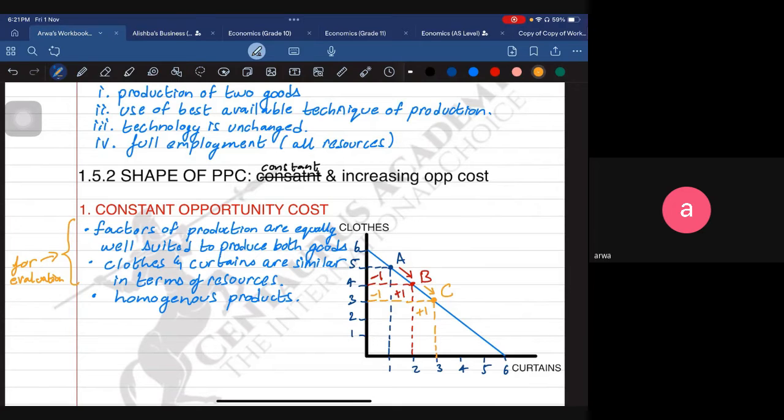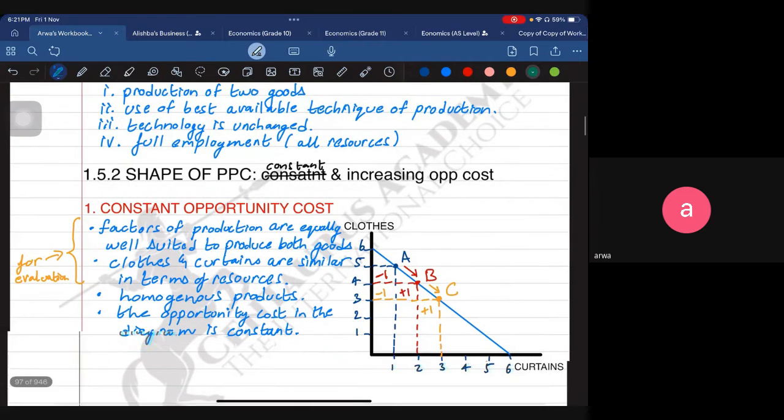So the opportunity cost in the diagram is constant.